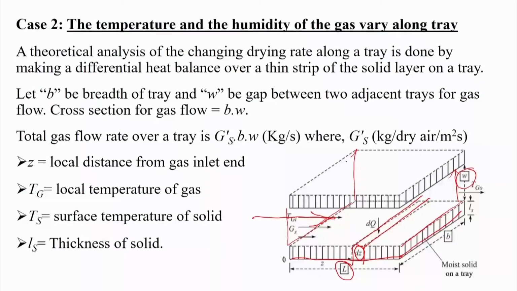The cross section of the gas flow will definitely be B into W. So, through this cross section, the drying gas will be entering.